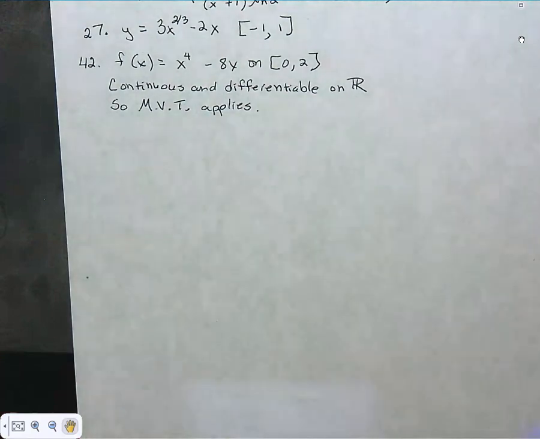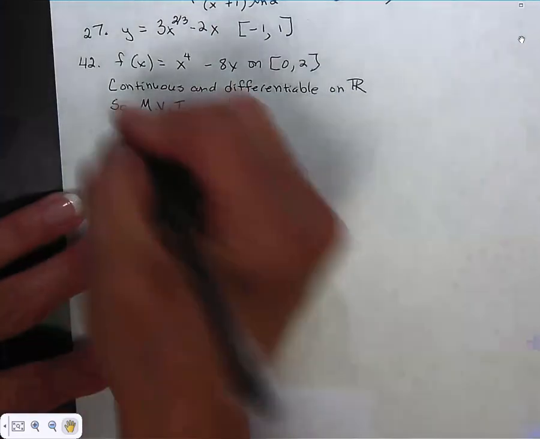So how do we find that point where the slope of the secant line is the same as the slope of the tangent line? Find the slope of the tangent line. Find the slope of the secant line, set them equal to each other. All right, so eeny, meeny, miny, mo.